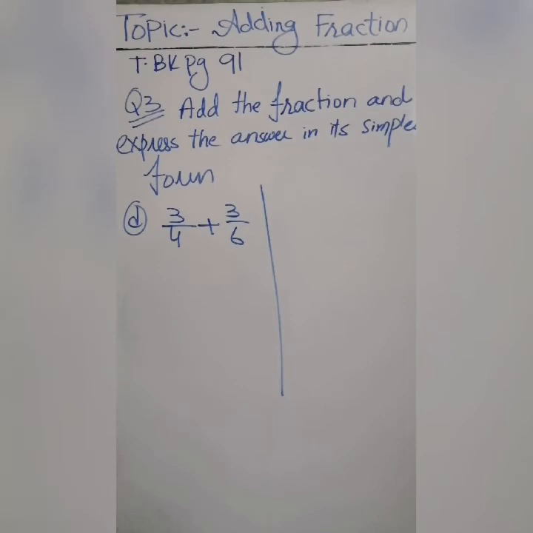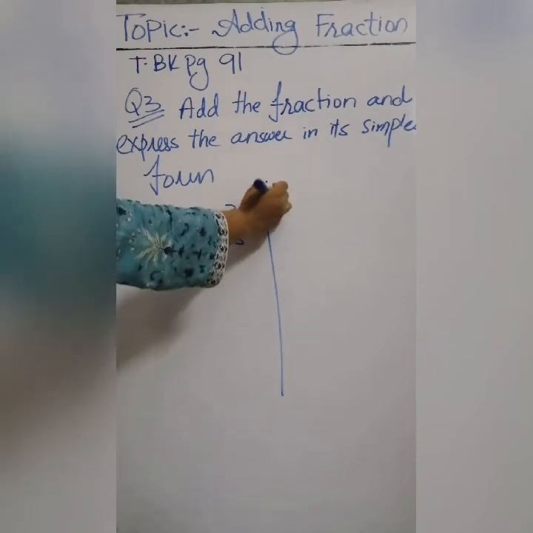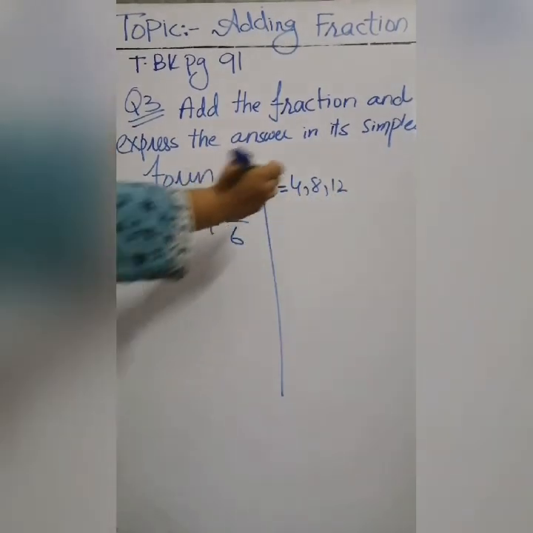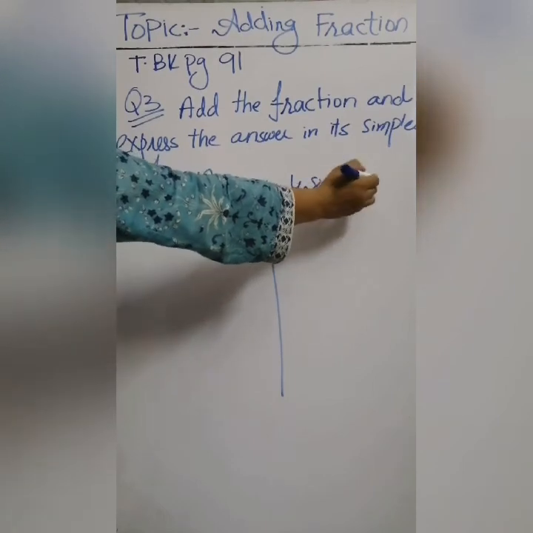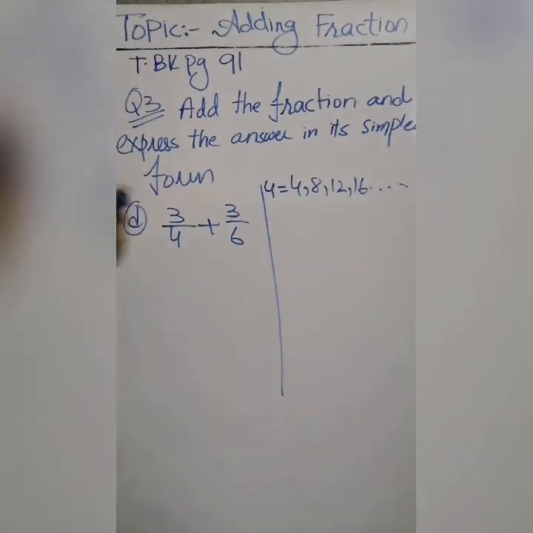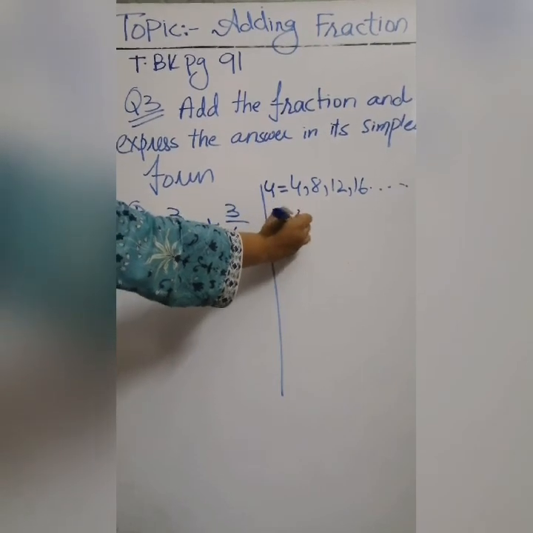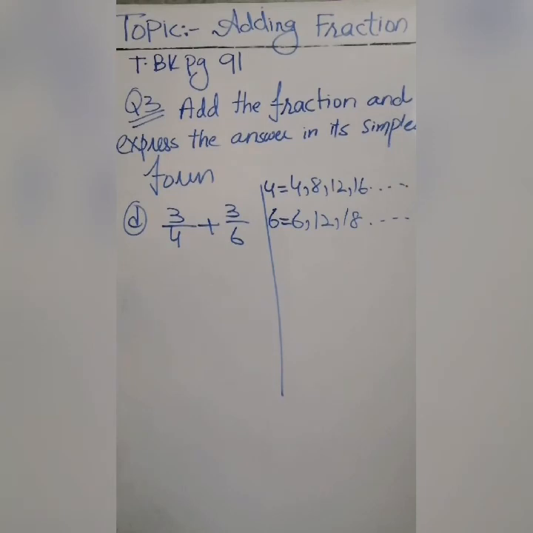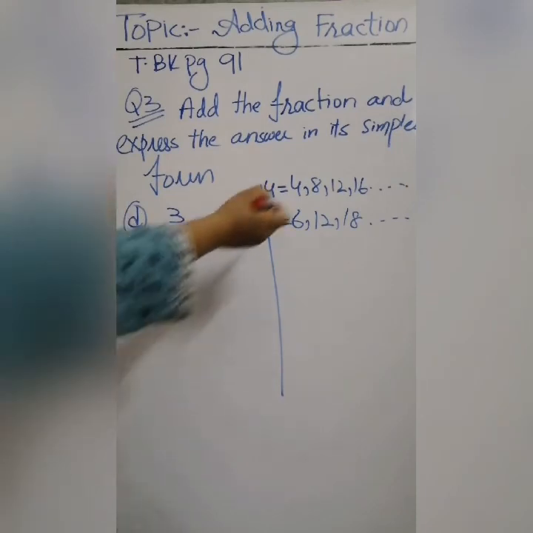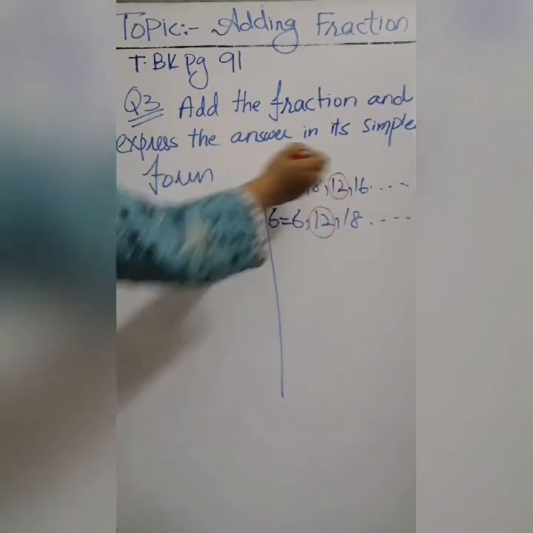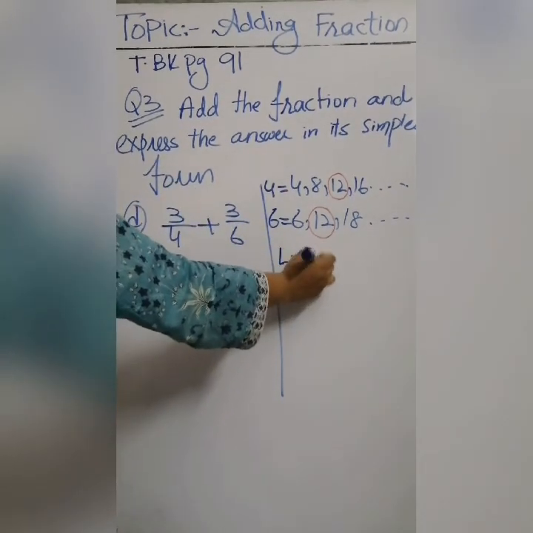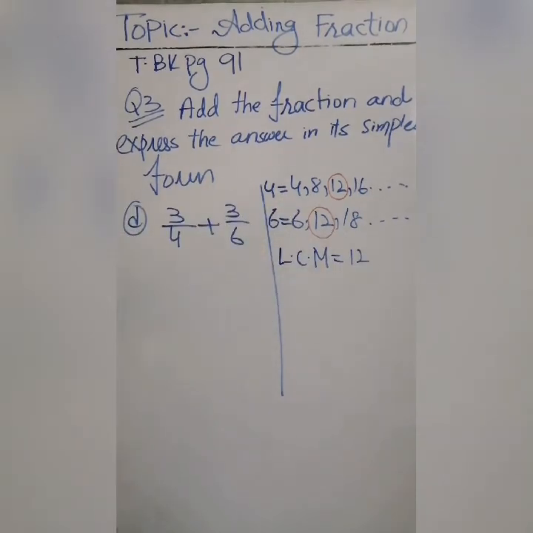So what do we do? We take multiples of 4 and so on. We write the multiples of 6 and so on. We have the common number 12 in both multiples. So the LCM is 12.